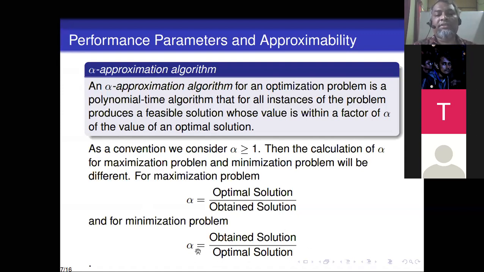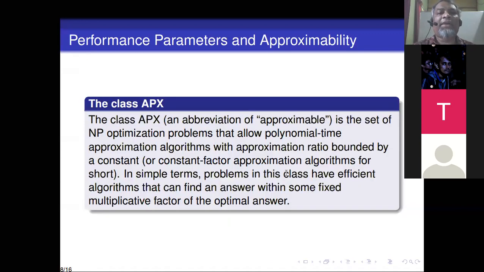So this alpha is greater than or equal to 1. So is it clear to all this part? Yes, sir. Okay.